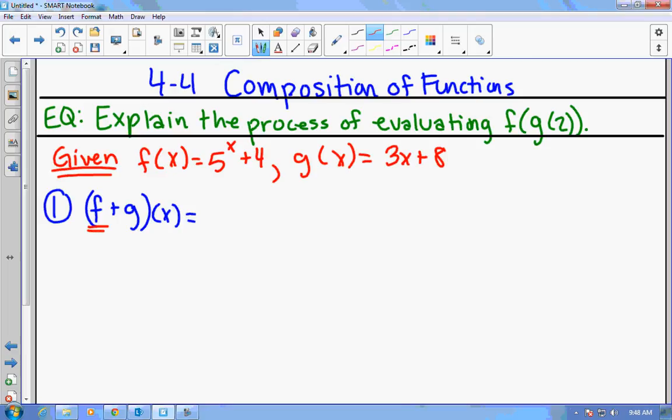Landon, what was the f function? Good. And then that guy we're going to add. When we're adding, we don't really have to have parentheses. If we are subtracting, I definitely want parentheses on my next part. Plus g. Well, isn't g just this guy?